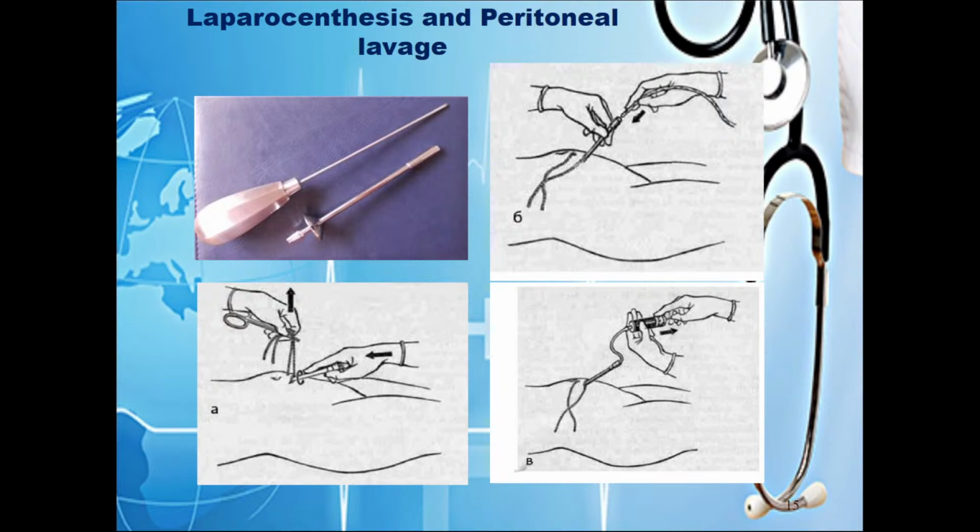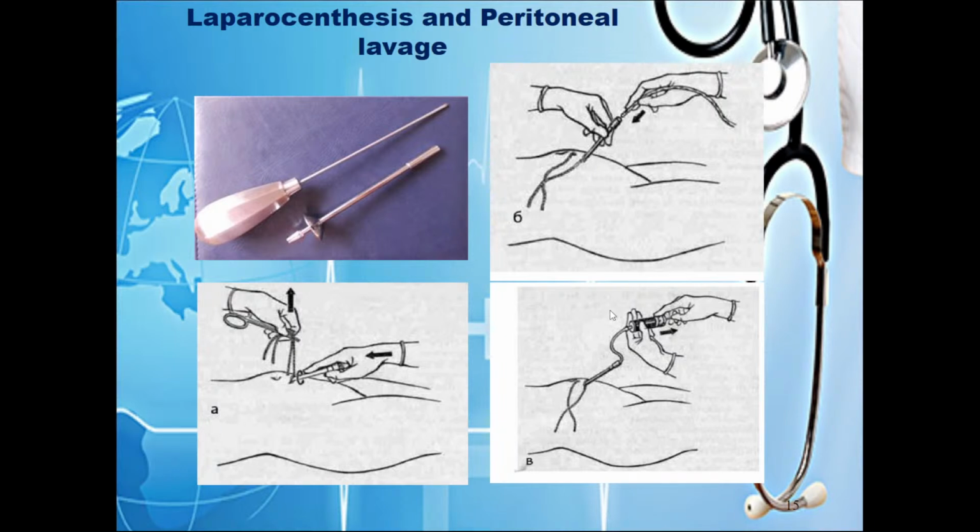Of course, it should be done under local anesthesia in any patient, even when the patient is unconscious. Anyway, it will be local anesthesia. After inserting the trocar, we remove this part and leave this part, and insert the drainage through the cannula. Firstly, it goes to the liver.